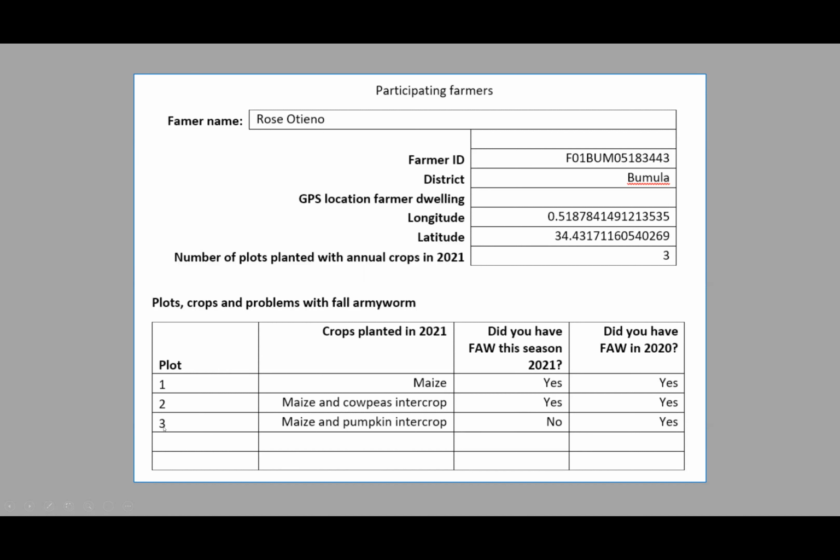And she has a maize and pumpkin intercrop with no problems yet in 2021 and problems in 2020. It's a fairly simple questionnaire with information about the farmer, information about the plot, and information about the crops, and information about when they had problems in 2021 and 2020.